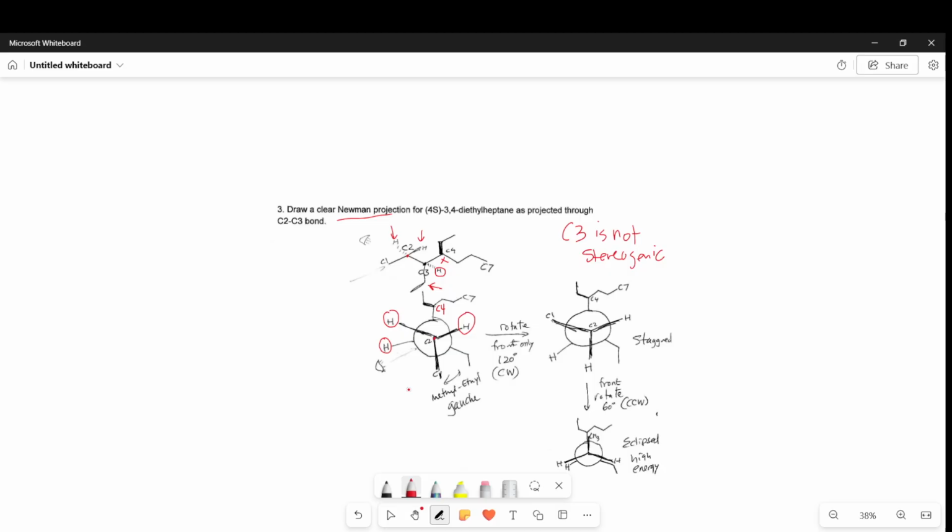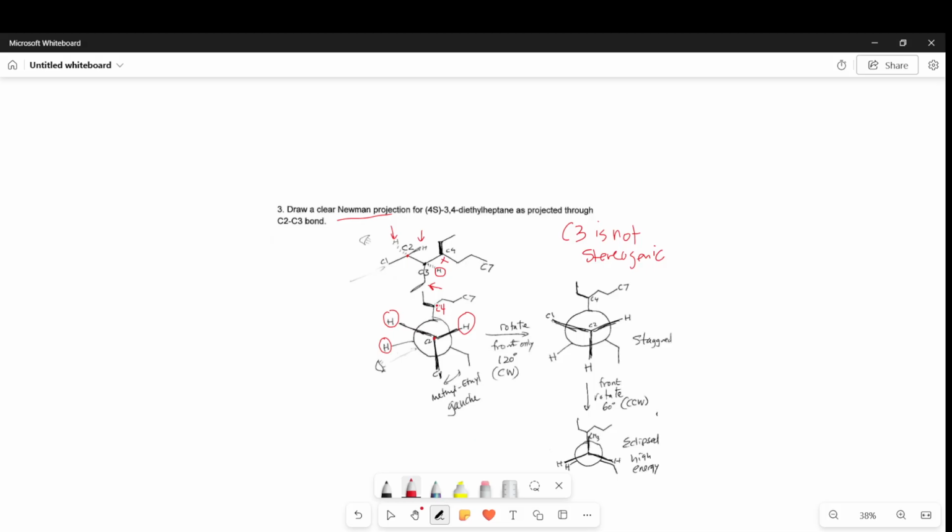Now, if you try to identify the interactions, here I have one methyl-ethyl gauche interaction, which makes it higher energy. So you continuously rotate to see what other energies, the most stable one, you want to see. All eclipsed interactions are high energy, so we are not trying to get to eclipsed.